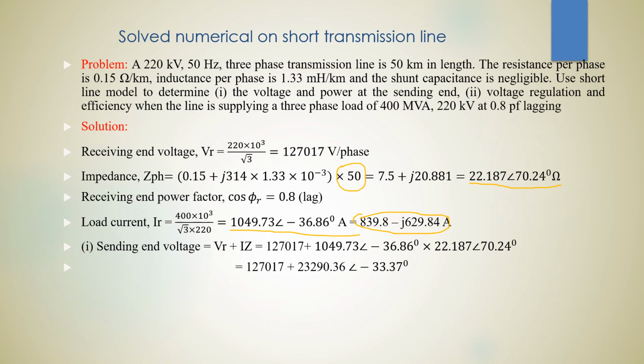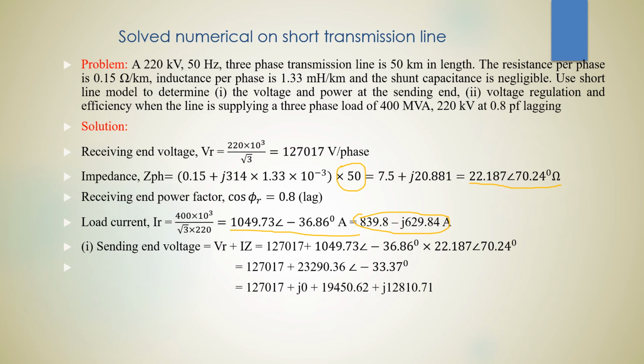The sending end voltage is equal to VR plus IZ. Putting the values of these three into this equation, we get it simplified as follows.